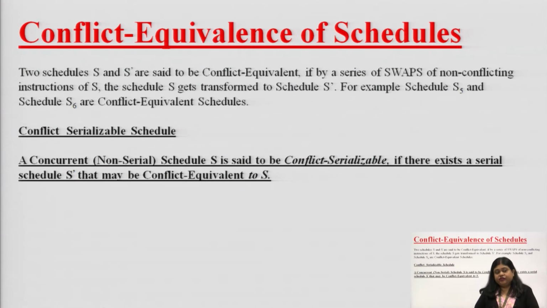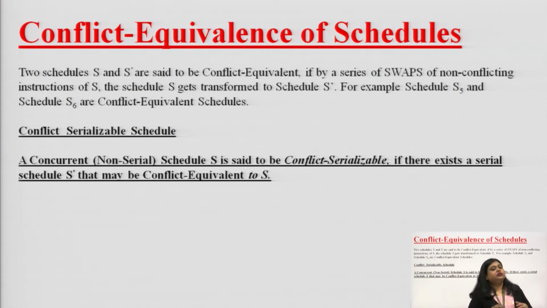Please listen very carefully. Two schedules S and S dash are said to be conflict equivalent if, by a series of swaps of non-conflicting instructions of S, the schedule S gets transformed to schedule S dash.